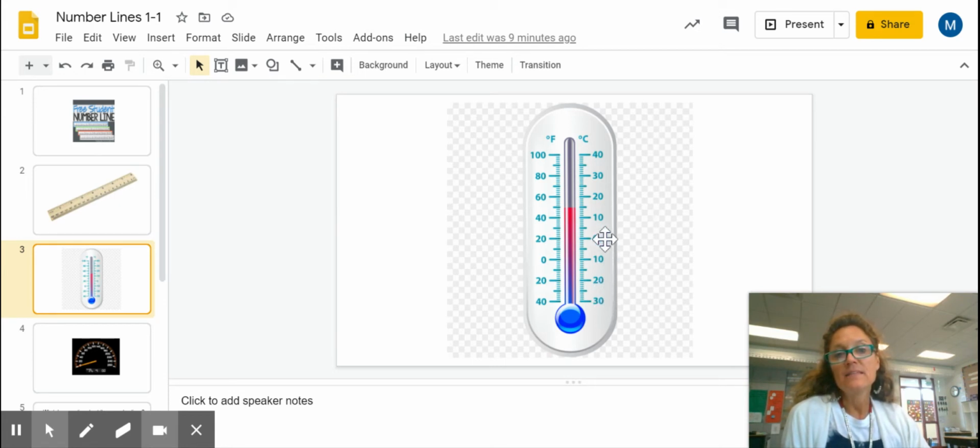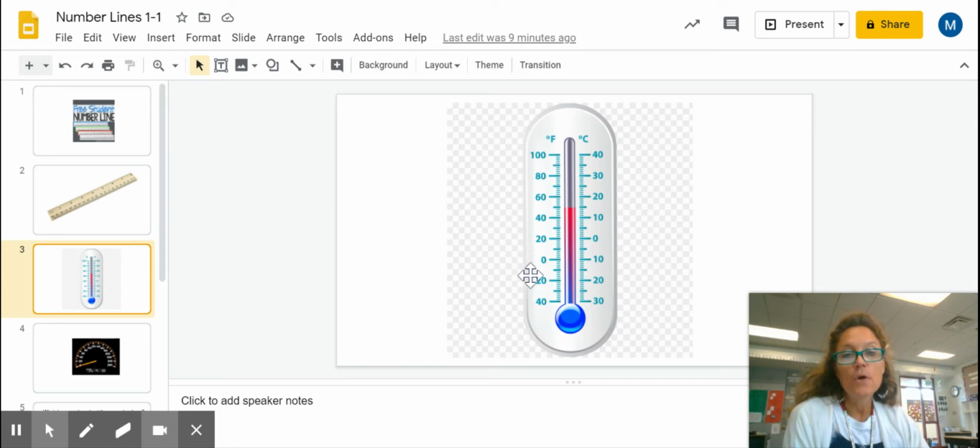And then the Celsius side goes up to 40. Now I want you to notice there is not a 1, 2, 3 that you can read, but these little marks represent those numbers. If you look on the other side, this is what we're more familiar with, and that's degrees Fahrenheit. And again, look at the 0 here.